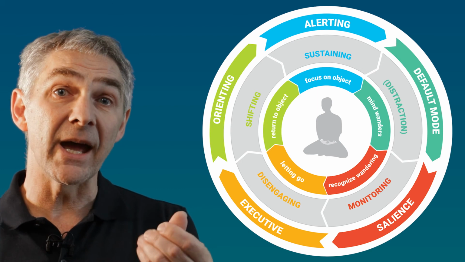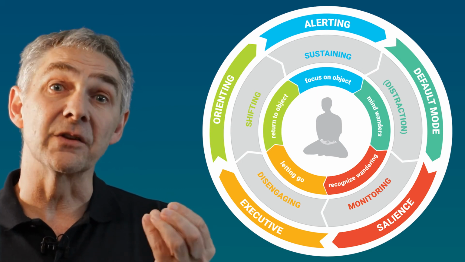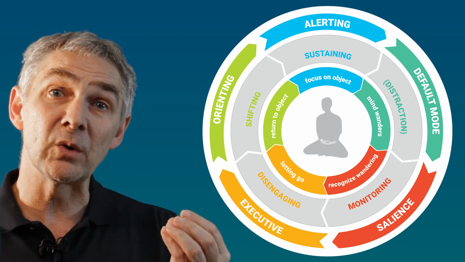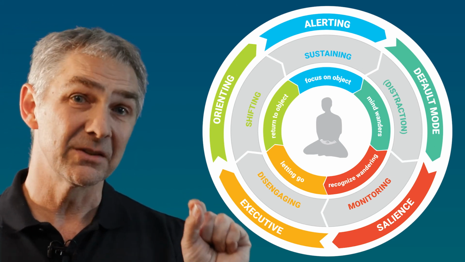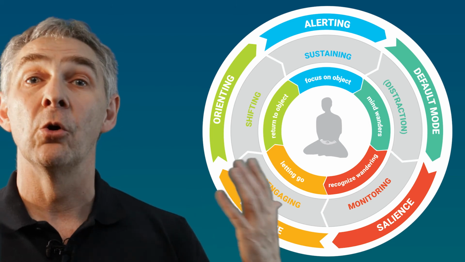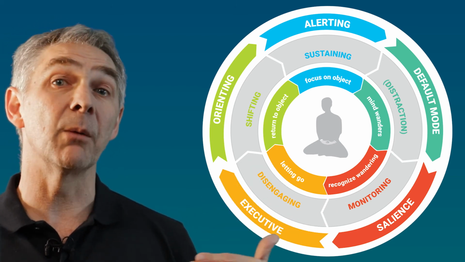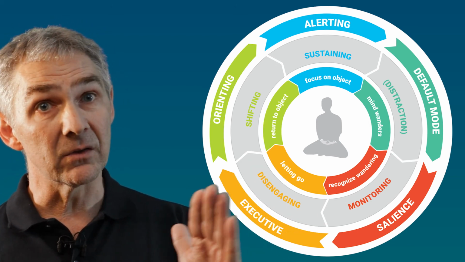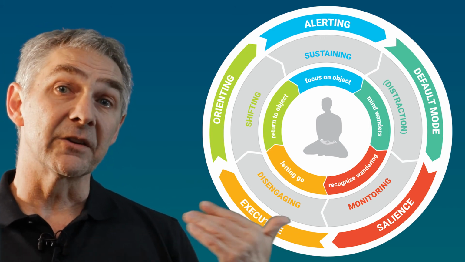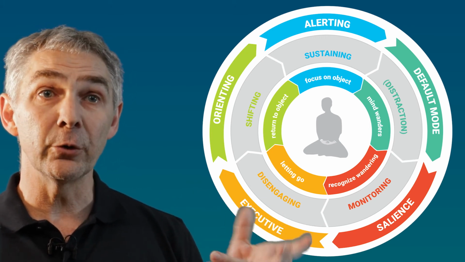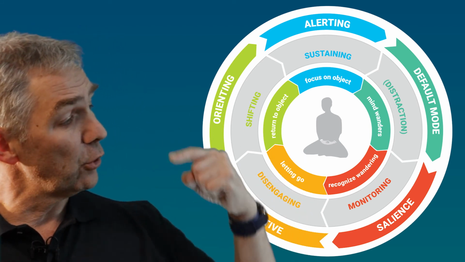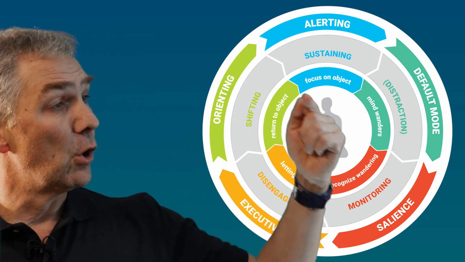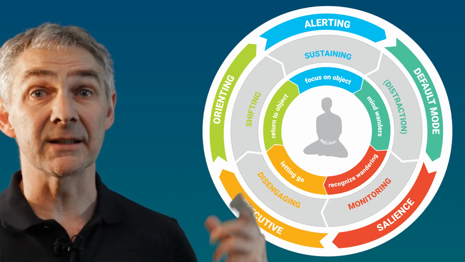What also happens is that the monitoring function, our ability to detect mind wandering and distraction, will become more and more fine-tuned and more and more sensitive. Over time, fewer and fewer adjustments will be needed, so going through this process might become more and more subtle.